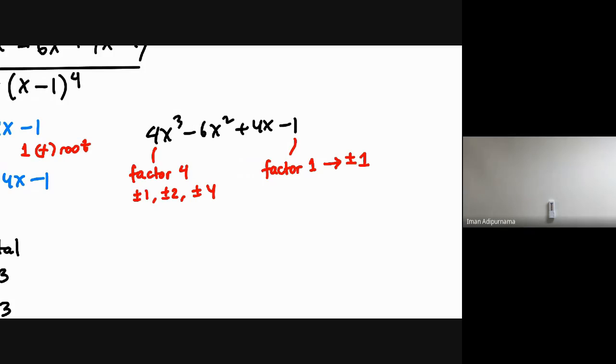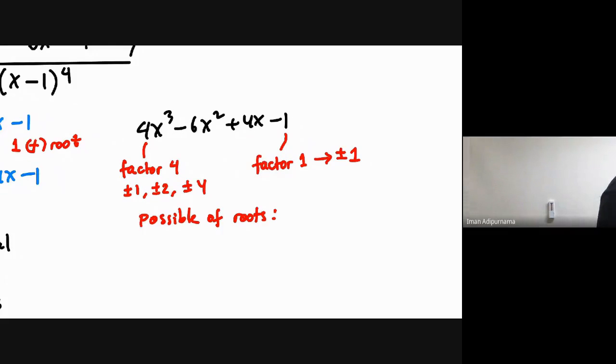Now the possible roots: the possibility of roots is the last term divided by the first term. Because the last term is only 1, we will have plus minus 1, plus minus a half, plus minus 1 over 4.